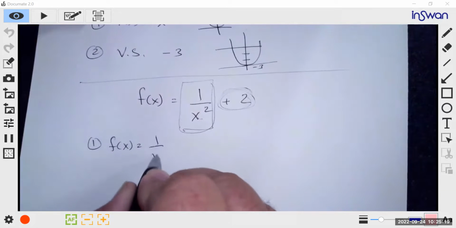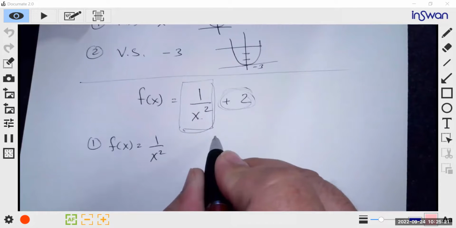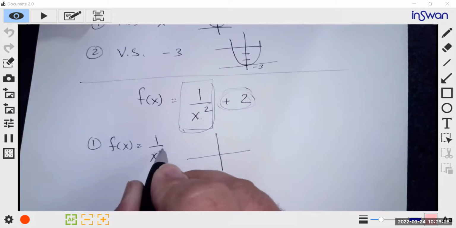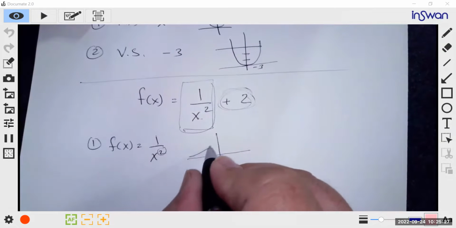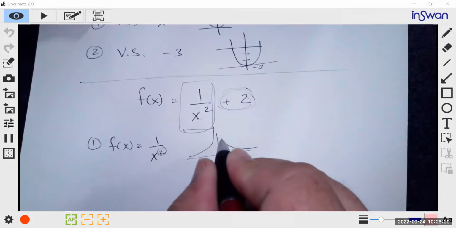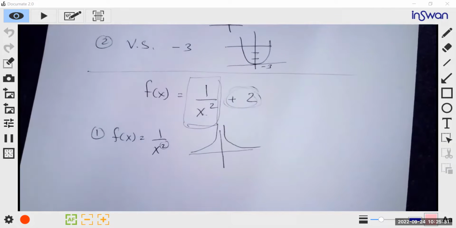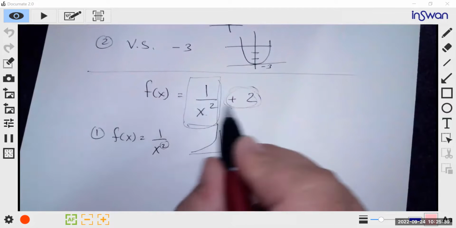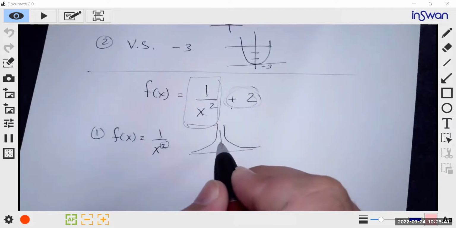So what does 1 over x squared look like? Because it can't be negative, it's the Atari symbol. And then whatever that graph is, it goes up 2 spaces.